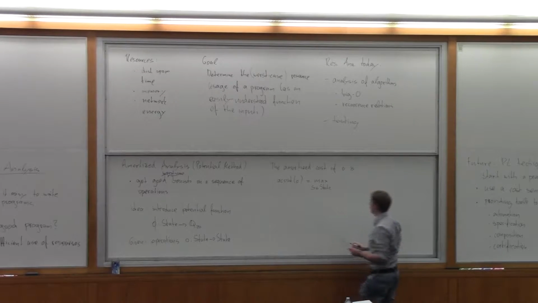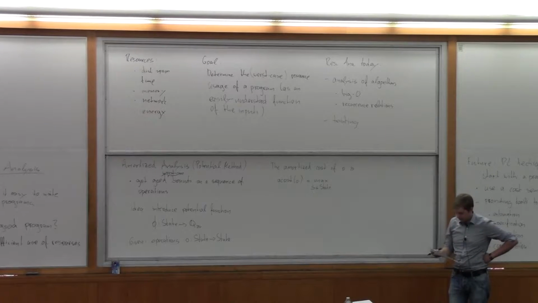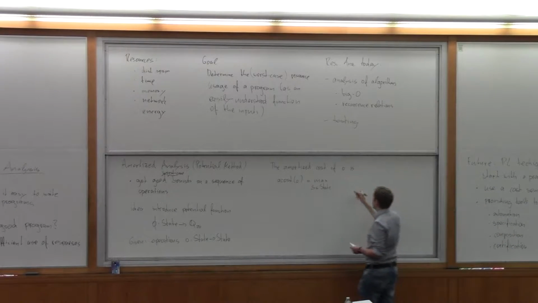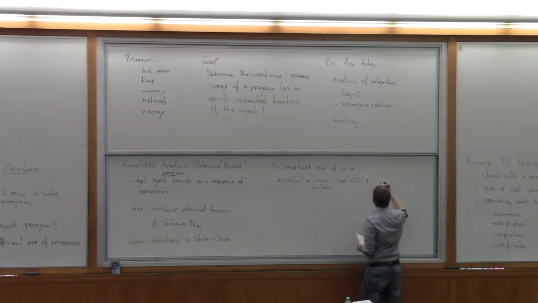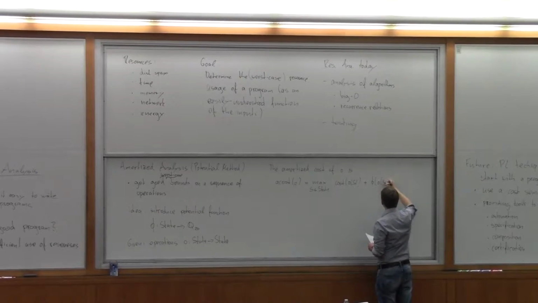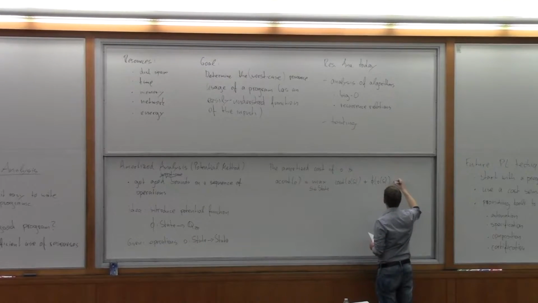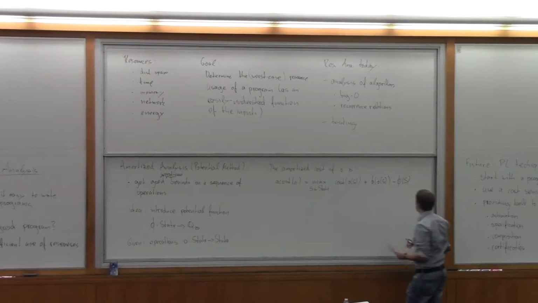Take the maximum over all program states, and we take the real cost of the operation, plus the potential after the operation, minus the potential before the operation.